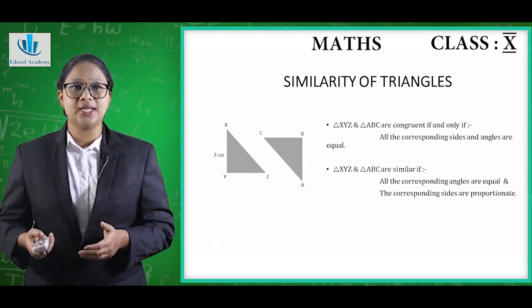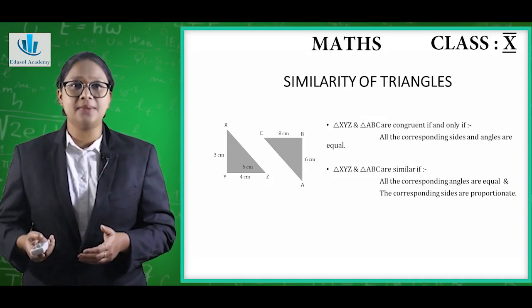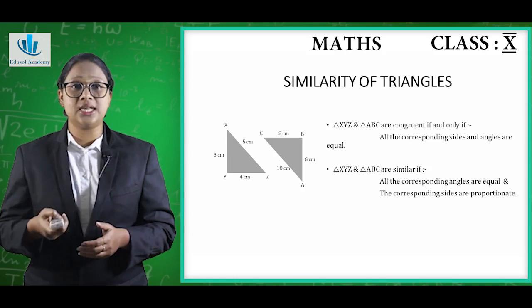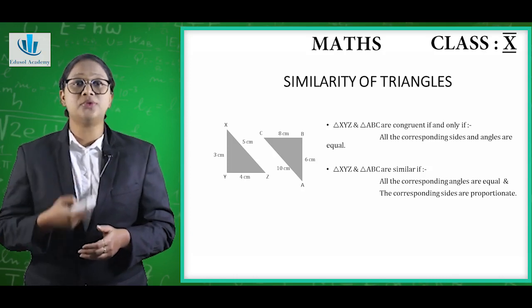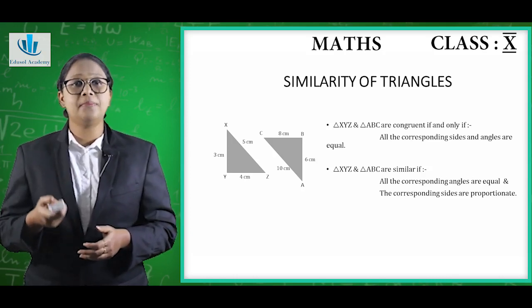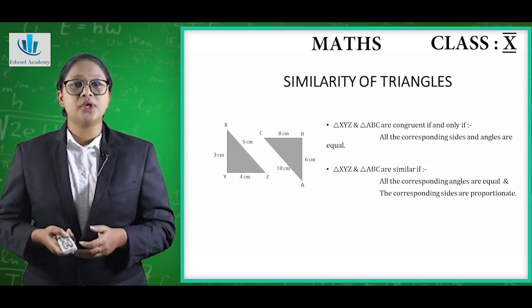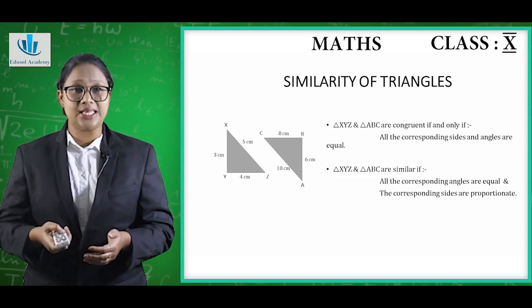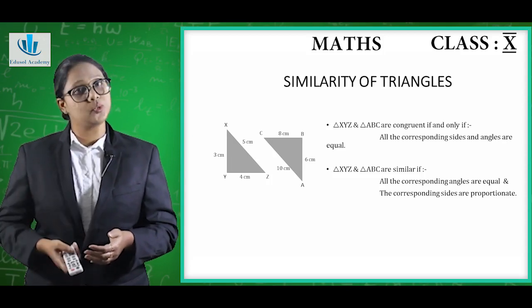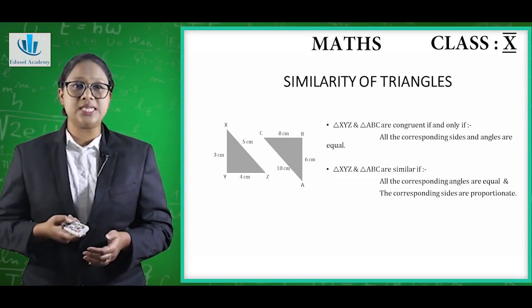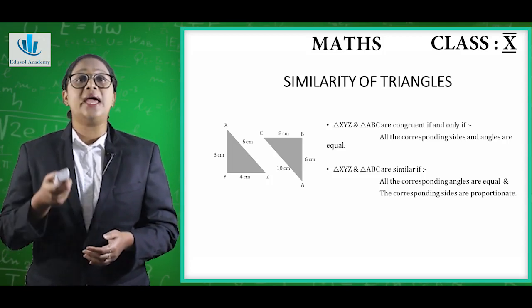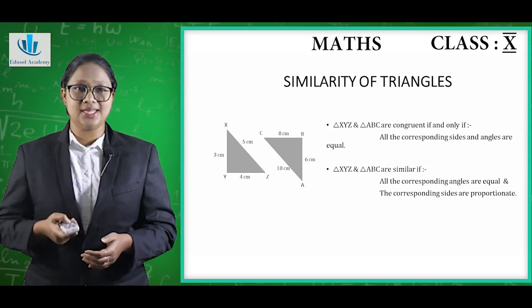We can see two triangles XYZ and ABC, and let's see the sides of XYZ. XY is equal to 3 centimeter, while AB is equal to 6 centimeter. When we take the ratio of those sides, that will be 3 by 6 or 1 by 2. Now let's move to the next set of sides. YZ is equal to 4 centimeter and BC is equal to 8 centimeter.